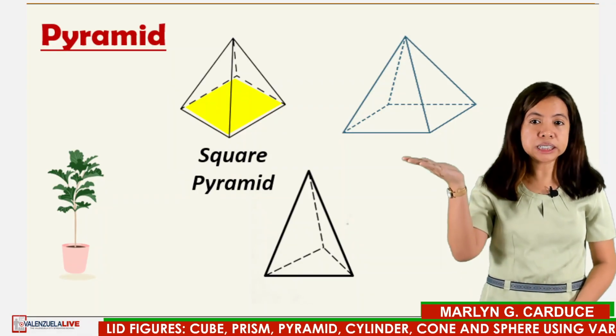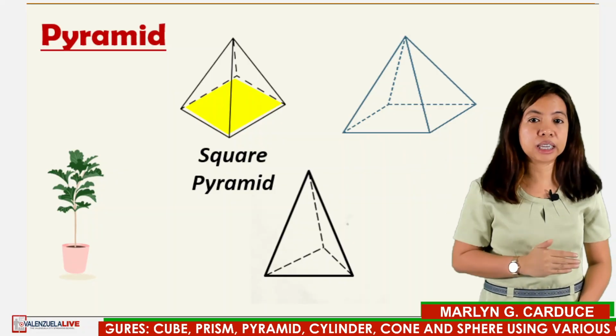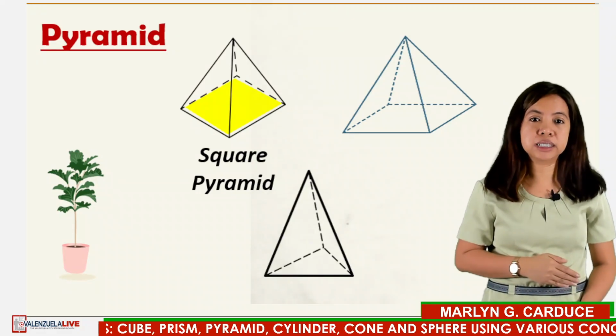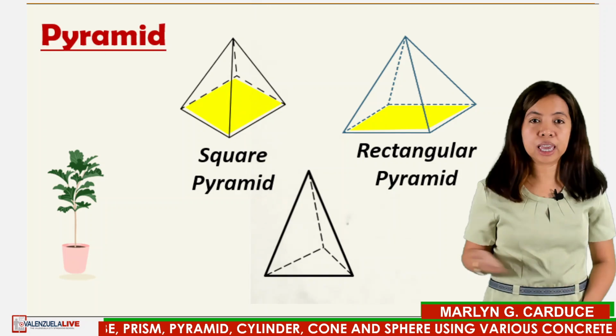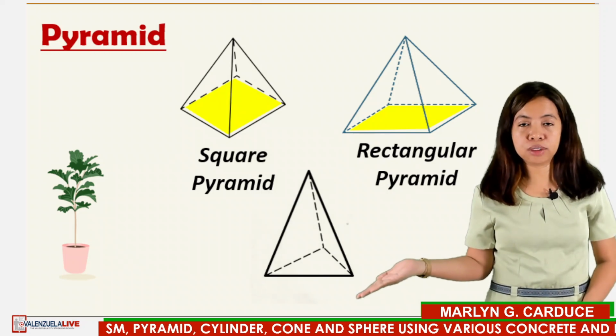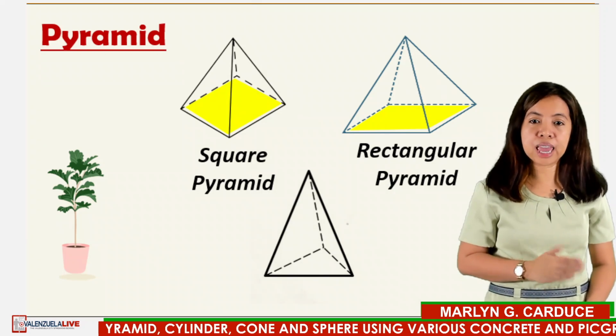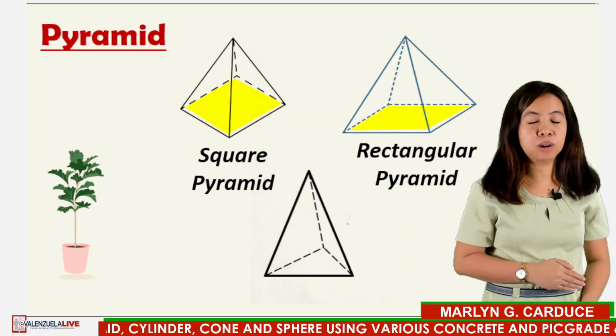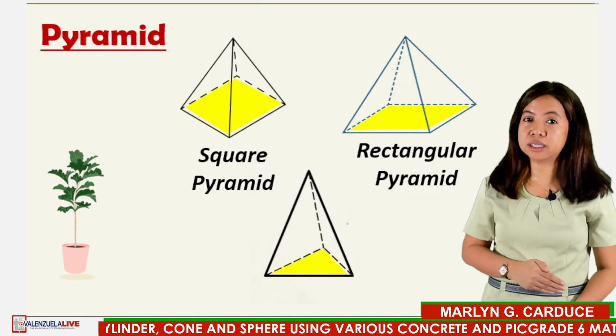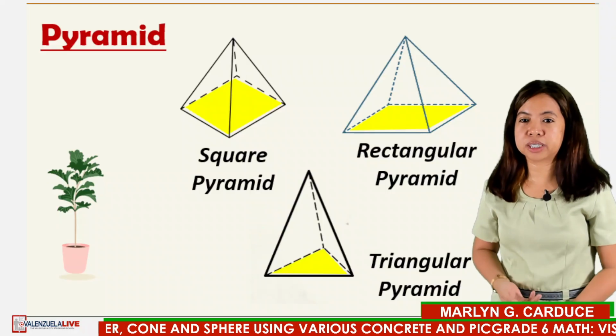If the base of a pyramid is a rectangle, we can call this a rectangular pyramid. And for our last figure, if the pyramid has a triangular base, we can call it a triangular pyramid.